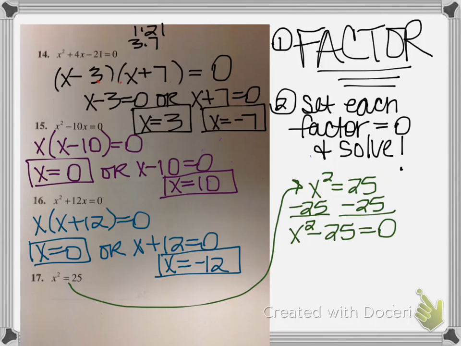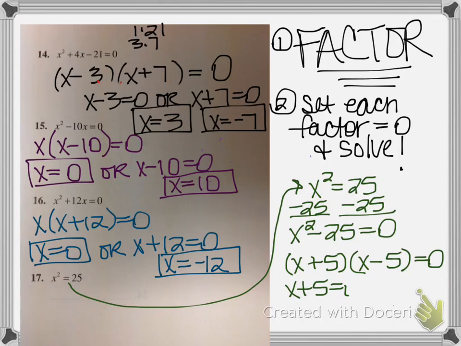Hopefully you recognize that that's a difference of squares. There is no GCF, it's not a trinomial, that is a difference of squares, which we know breaks down into two terms that start with x and x, and they have 5s, and one's a plus 5 and one's a minus 5. So either x plus 5 equals 0, or x minus 5 equals 0.